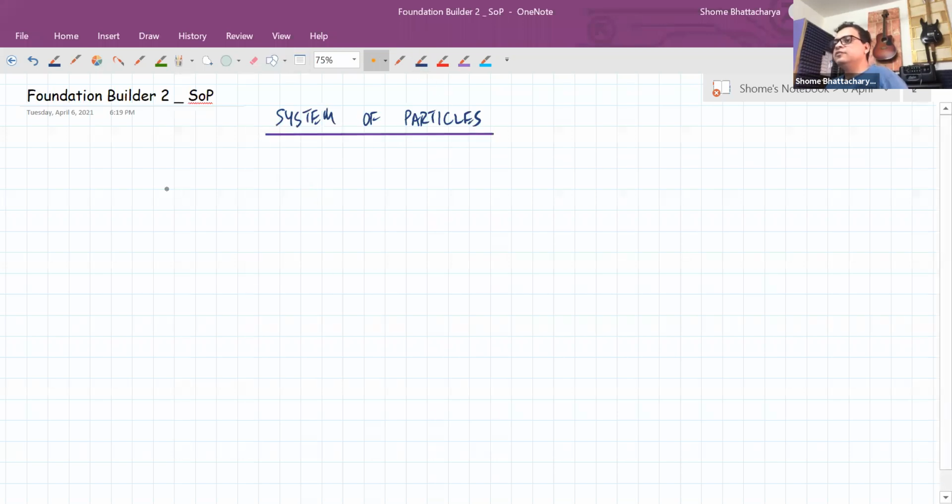Okay, so the last thing we had left off at was the calculation of center of mass for a continuous mass distribution by application of integration.